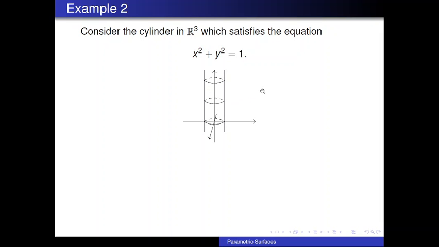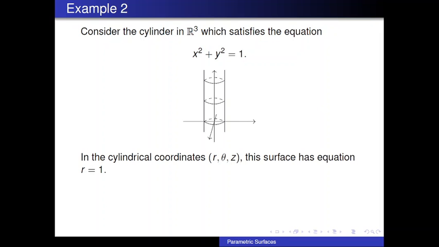And so we might like to call upon what we know from cylindrical coordinates. This cylinder actually has a very nice equation in cylindrical coordinates. So in cylindrical coordinates, r, theta, z, this surface has the equation given by just r equals 1.